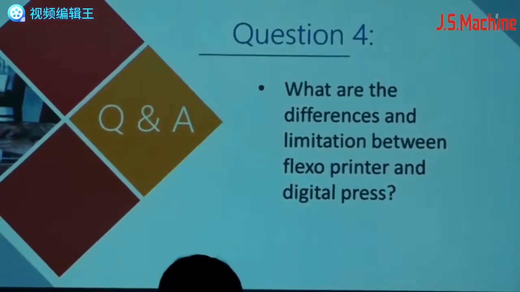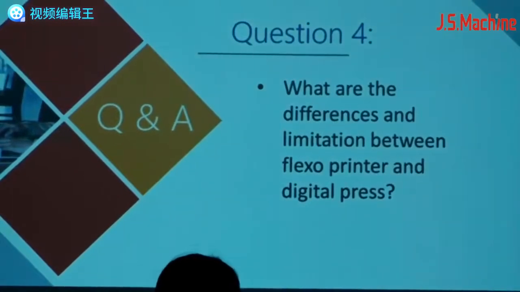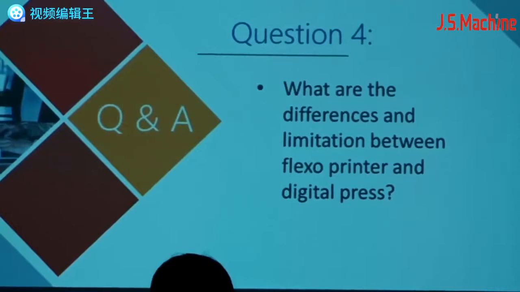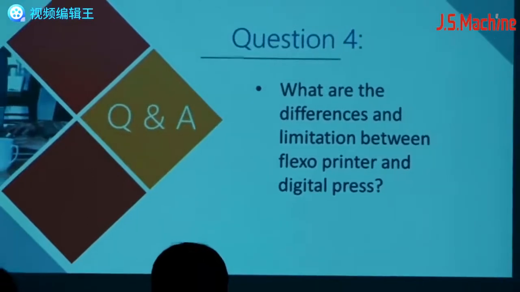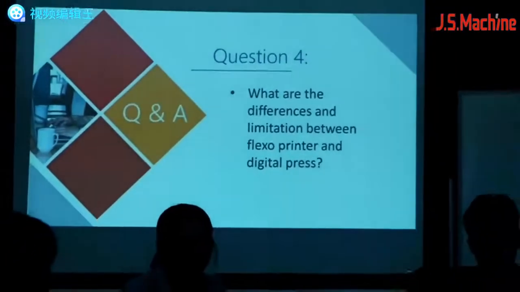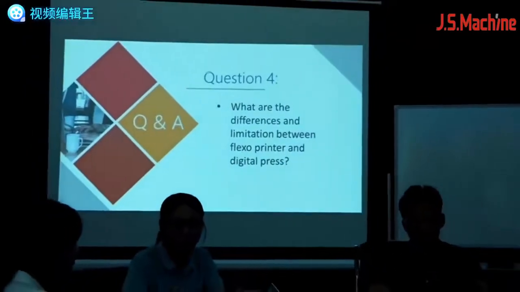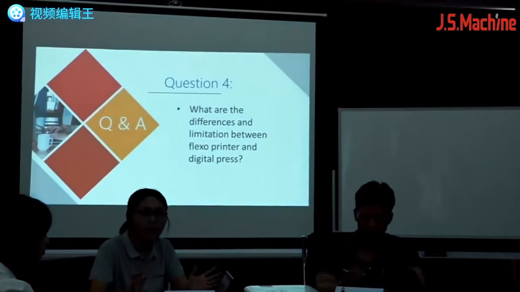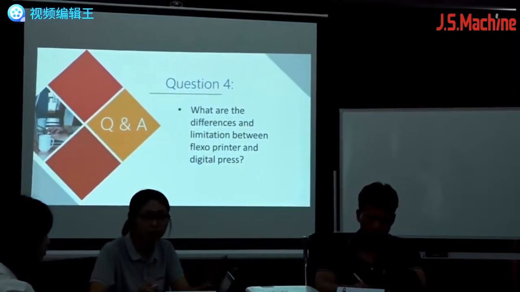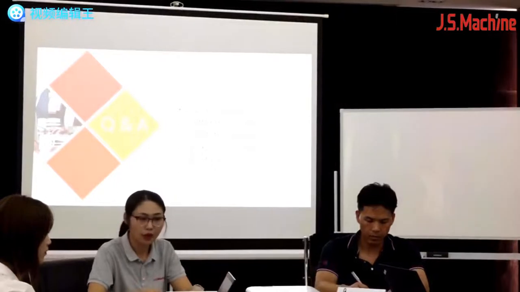When talking about the shortcomings of digital printing technology, when we run big orders, let's say an order has 50,000 to 100,000 sheets, when calculating the comprehensive cost, traditional flexo prevails. Also, when comparing the color brightness of traditional printing and digital printing, the traditional printing prevails.